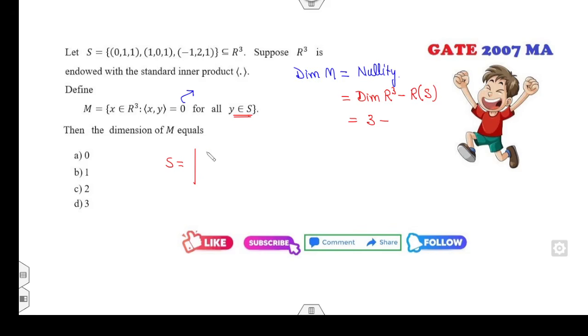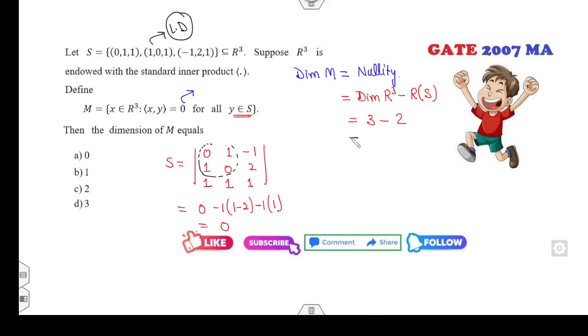I can write S as a matrix: 0 1 1, 1 0 1, minus 1 2 1. If you find the determinant, 1 minus 2 minus 1, that will be 0. Fine. So the rank will be 2, because you got a 2 by 2 matrix. That means these vectors are linearly dependent. So the dimension is 1. 1 is the right answer.